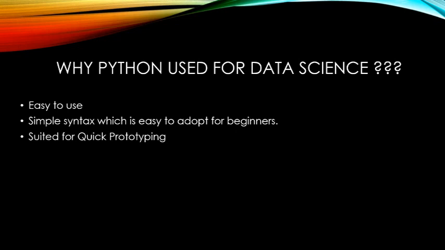You are going to learn this as we go forward in this course. The fourth thing is library availability. This is a very important part of Python. Python contains a library for every task, be it data import or data cleaning. There is a separate library for data cleaning, a separate library for data importing, a separate library for statistics, a separate library for modeling, and separate libraries for machine learning as well.